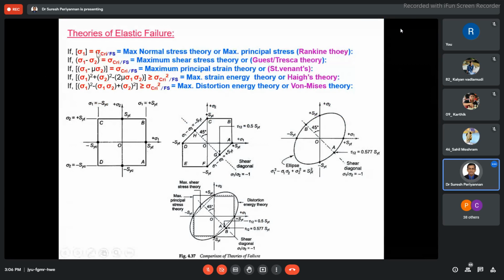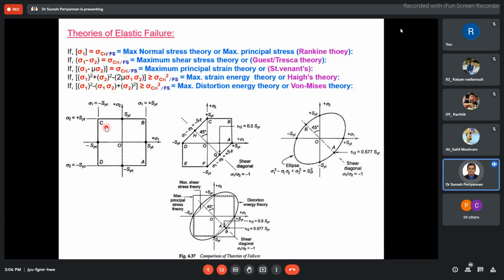The second theory we discussed is maximum shear stress theory. I mean, the first theory, maximum normal stress theory, this is the equation and this is the diagram. This is the region of interest. Our sigma and tau coordinates should be within the region, then the component design is going to be within the safe limit.